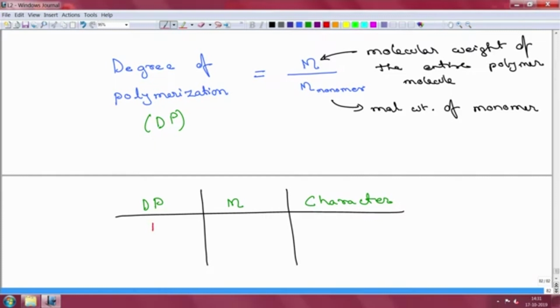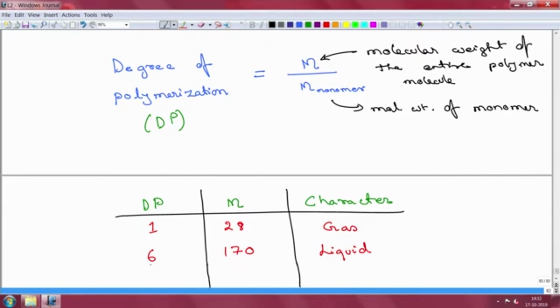First of course, if you have a dP of 1, then you are dealing with ethylene itself, the molecular weight is 28, and here you have a gas. If you have a dP of 6, then you will end up with a molecular weight of 170, and in this case it becomes a liquid. See, it is not a simple multiple of 28, by the way, because you have the ends of the molecule to take care of. Right.